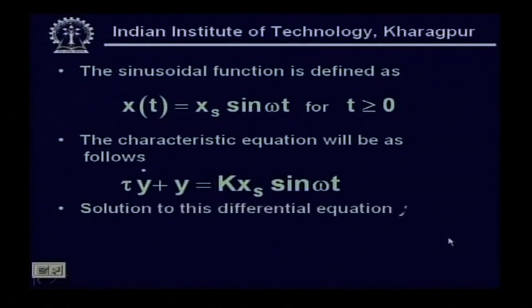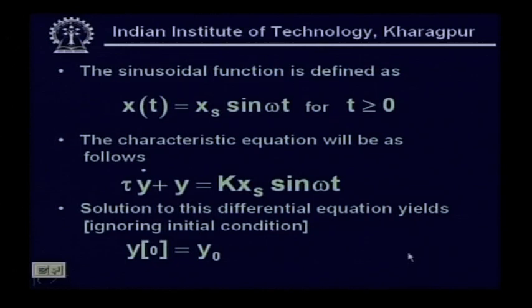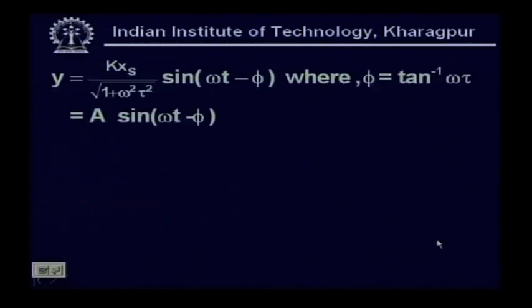So, the solution to this differential equation, ignoring initial condition, that is y at 0 equal to y_0, gives y equal to k x_s upon under square root of 1 plus omega square tau square, into sin of omega t minus phi, where phi equal to tan inverse omega tau.